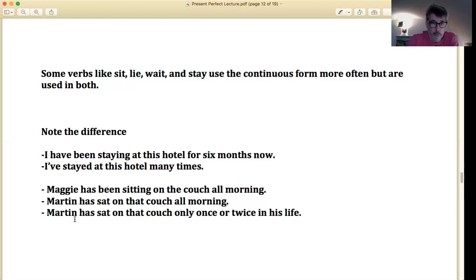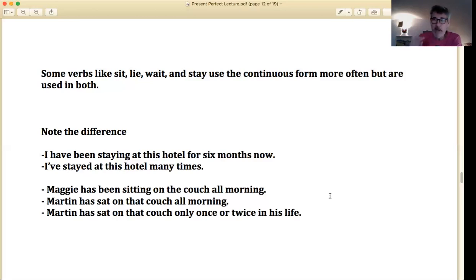But here's the third one. Martin has sat on that couch once or twice in his life. So what are we talking about? There's a couch in our living room where we live, and we're talking about Martin, who has visited us a couple times, and Martin has sat on that couch.